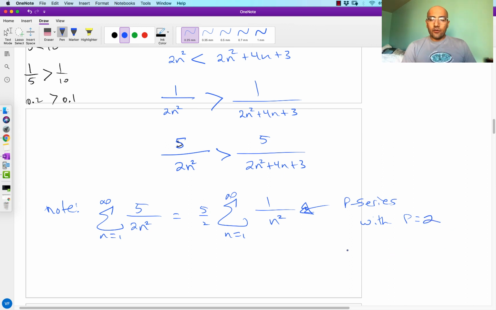And so we know it converges. For a p-series, it converges whenever p is strictly greater than 1, which is true here.